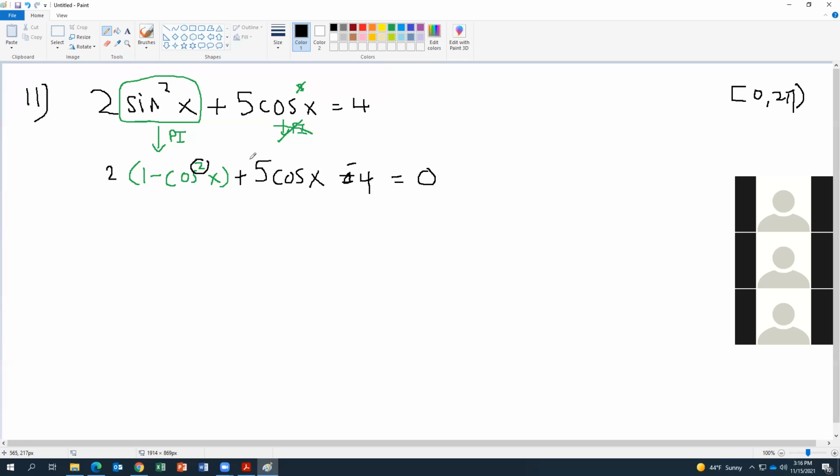Factoring will be the one that I want you guys to use. So what you get? Distribute the 2. 2 minus 2 cosine squared x. Then the rest you just plus 5 cosine x. And the 4 removed becomes negative 4. All right, combine like terms, what you get?